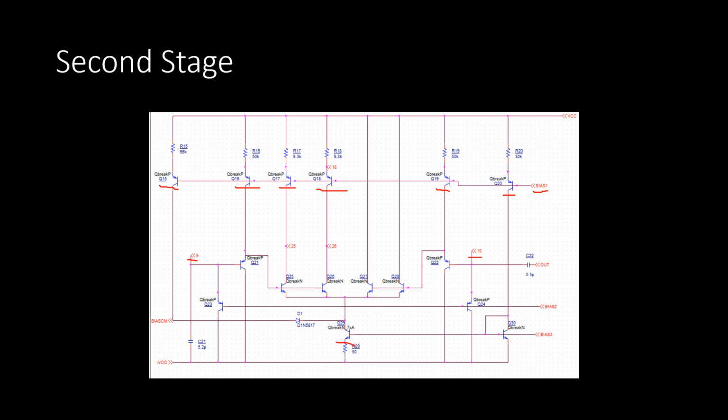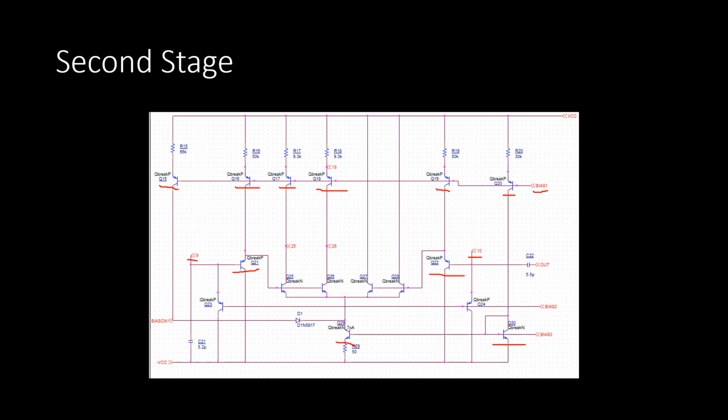Q29 and Q30 form a Wilson current mirror, which is used for further biasing. But mainly, the interesting part of this stage is Q21 and Q22.